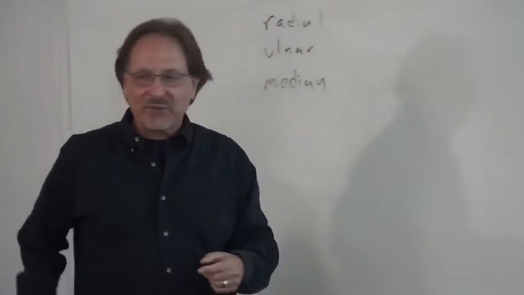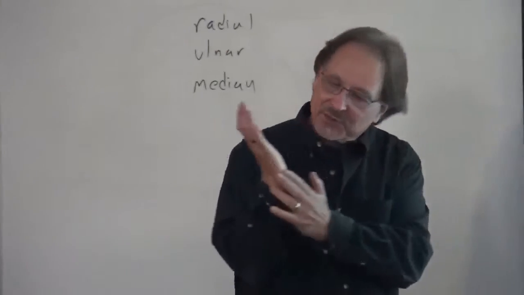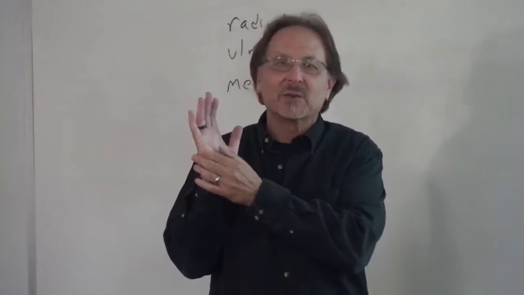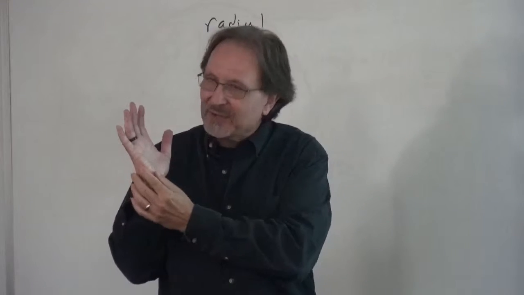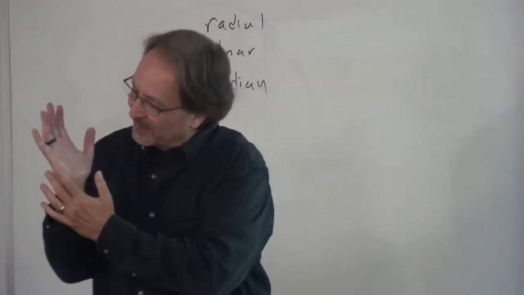Okay, hypothenar refers to this part of your hand, and it's just a small group of muscles. Remember, I said there are very few muscles in your hands, but you do have a few, and it's a small group of muscles at this part of your palm that can be affected, and that's again from hammering.